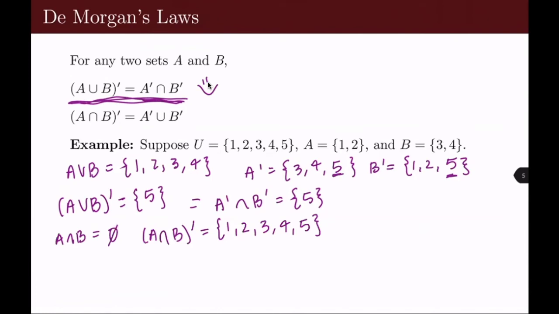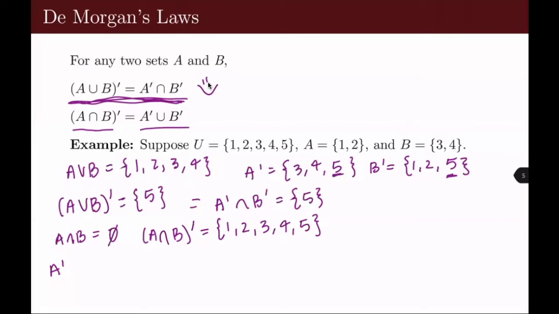Alrighty. So now we need to find the other part of this. So it says A intersect B complement is supposed to be equal to A complement union B complement. Well, let's find out. A complement, actually we found those up here, so I'm just going to use those because we already did that.